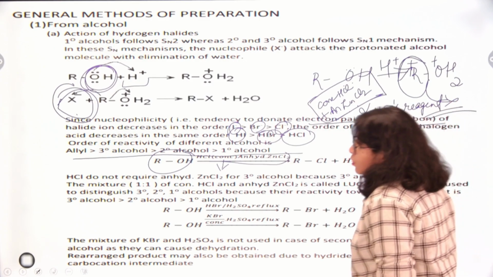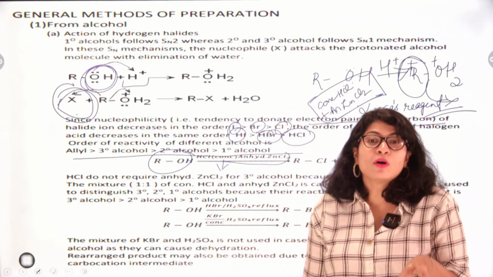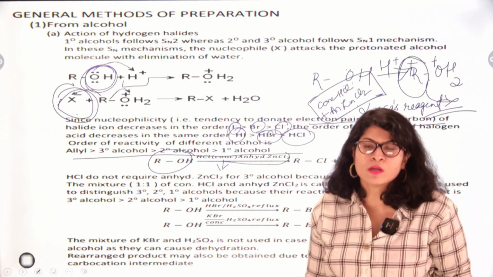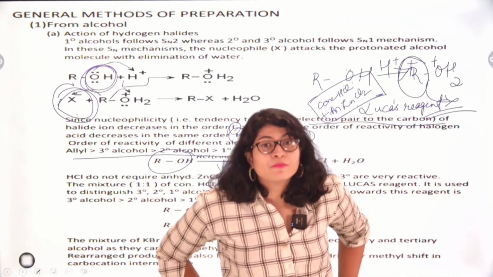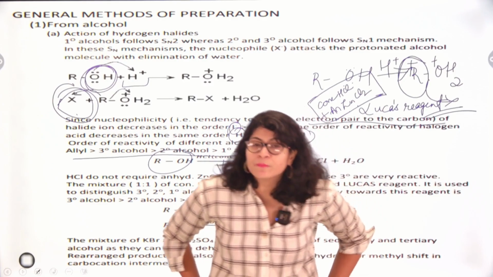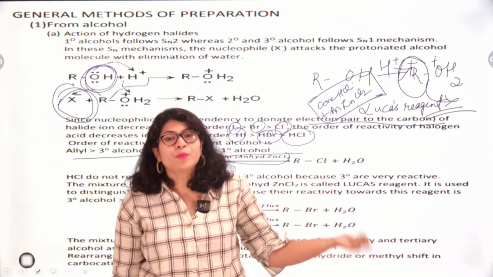Okay, Lucas reagent. It is a distinguishing test of the order of different alcohols. Basically, tertiary alcohols react very rapidly with Lucas reagent, and the reactivity gradually decreases as we move from tertiary to primary.